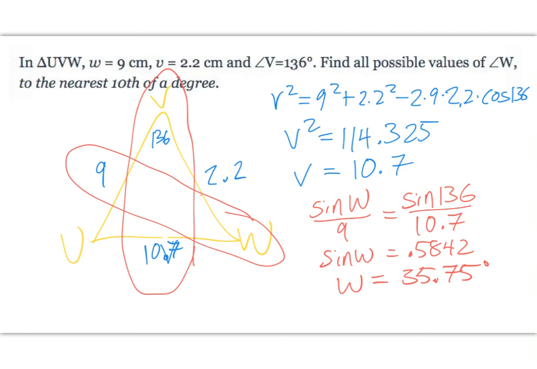I'm going to make an argument that we don't need to check the other version, but if you are not comfortable with that, the second W would be 144.25. The reason I said we don't have to check that second one is that immediately we can see that those two angles add up to more than 180. So that one doesn't work. 136 plus 35.75 is going to get us about 172. That would mean that we have a very small angle for U, but based on the 2.2 there, that makes sense as well.